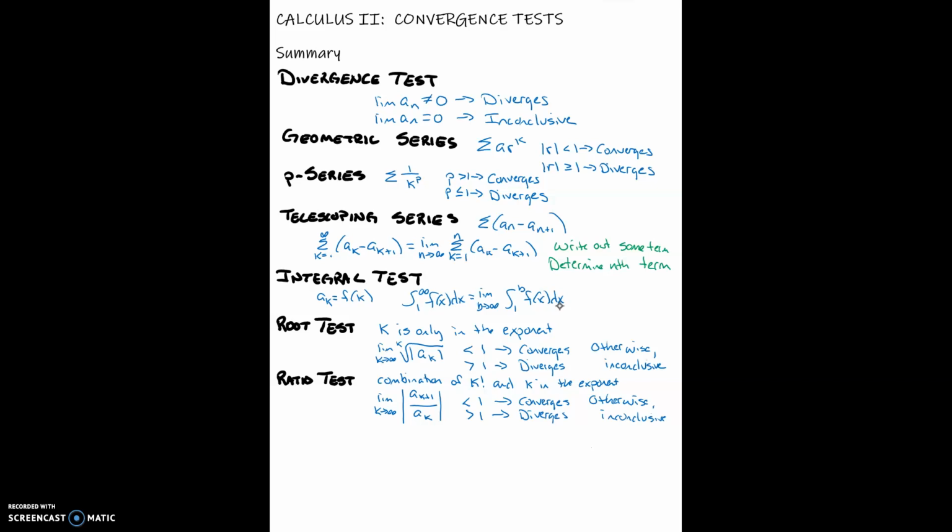If I don't have k's in the exponent, or I don't have some combination of k's in the exponent and k factorials, the integral test didn't work, and I've tried all these other tests, the last thing we're going to try is either the direct comparison test or the limit comparison test.